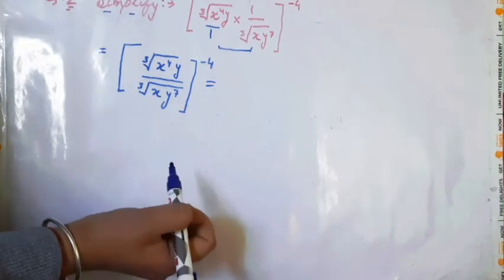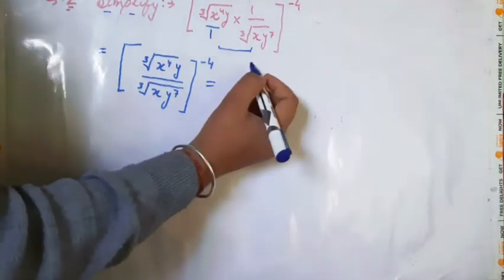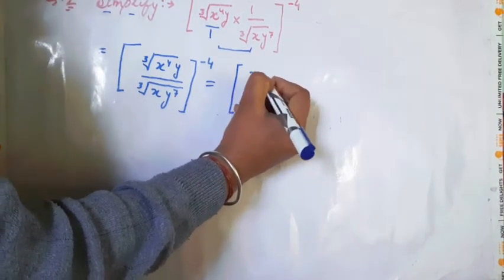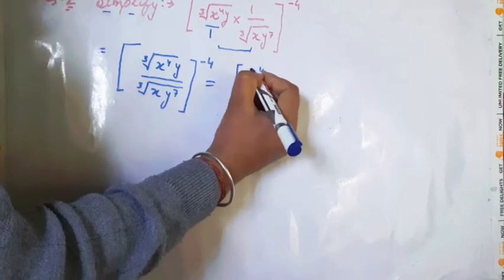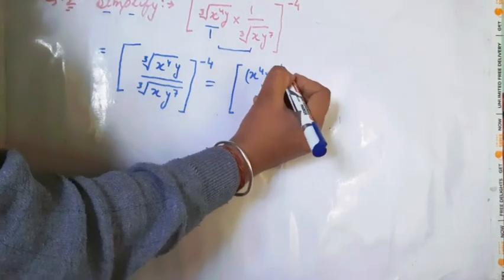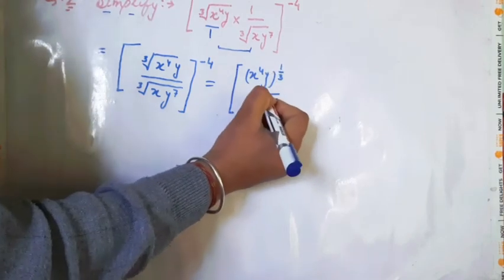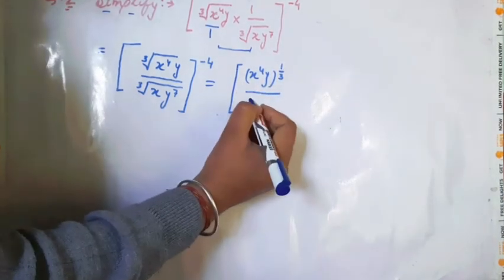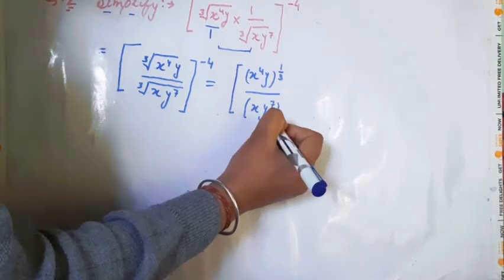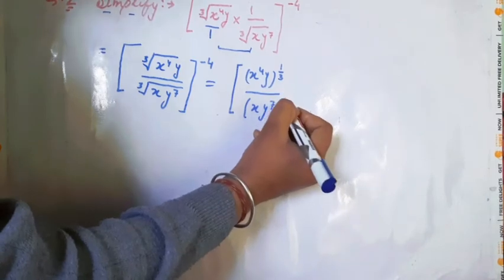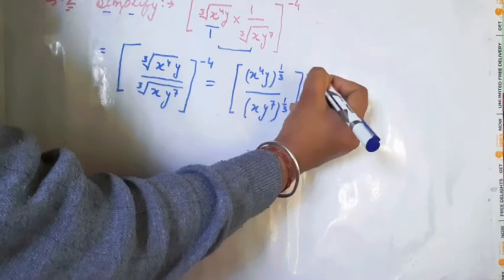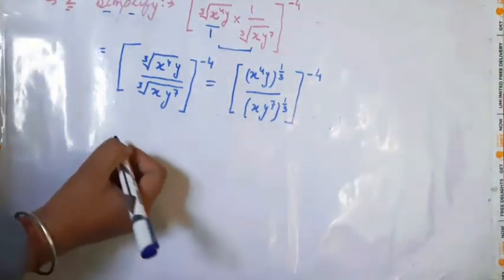Let us write them in the form of exponents. So this will be equal to x raised to power 4 y whole raised to power, cube root means 1 upon 3, then x y raised to power 7 whole raised to power 1 upon 3, and the whole power is minus 4.